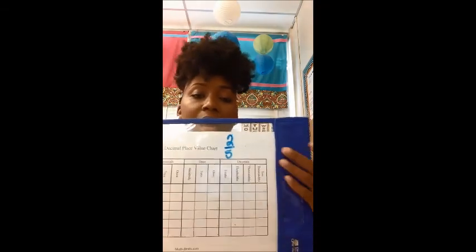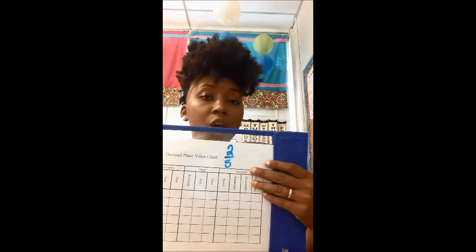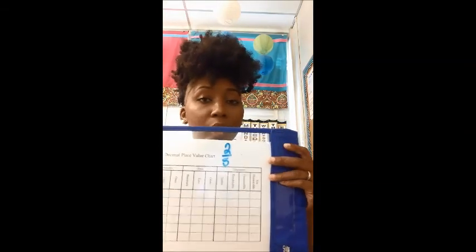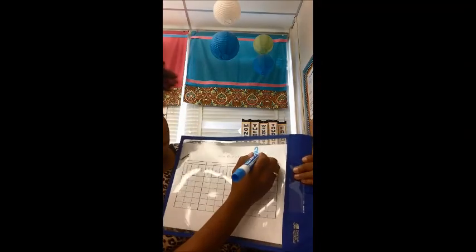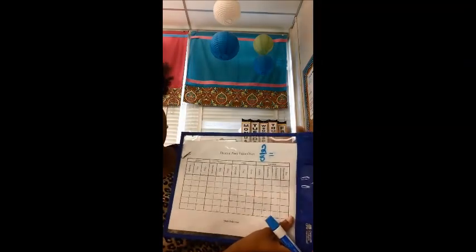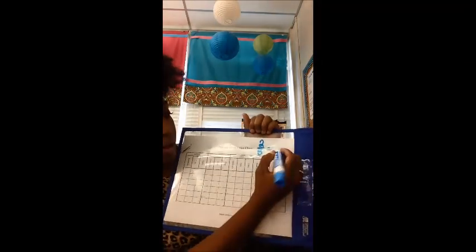Not only will you have common decimals with the denominator of a power of 10, like tenths, hundredths, thousandths, but sometimes you may have a fraction that does not have a denominator of a power of 10. For example, 2/5. 2/5 does not have a denominator of a power of 10, so we can create an equivalent fraction that has a denominator of a power of 10.